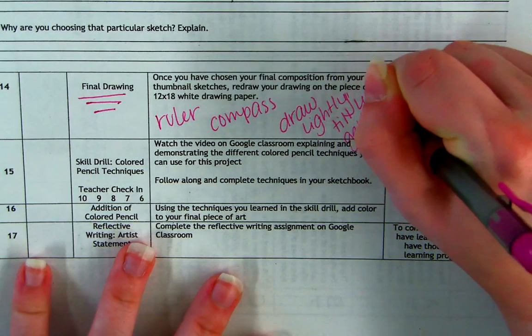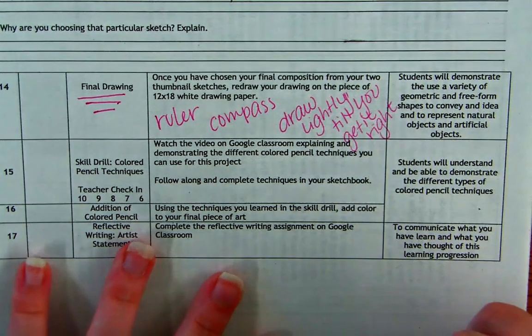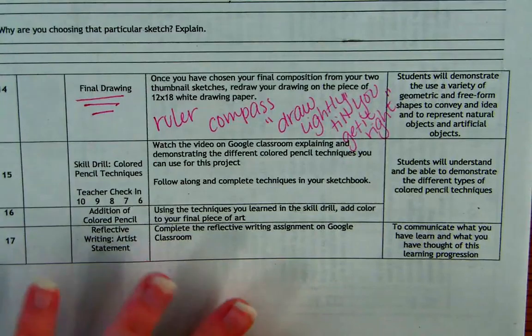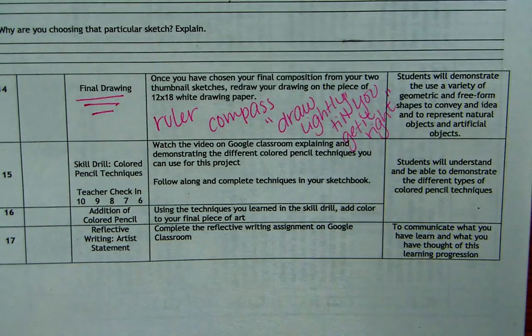That is my big saying when it comes to final drawings, because if you press too heavy and you go back to erase it because you made a mistake, you'll still see that line, and that line will cause you to lose points on the craftsmanship part of your rubric, which I will go over in the next video.